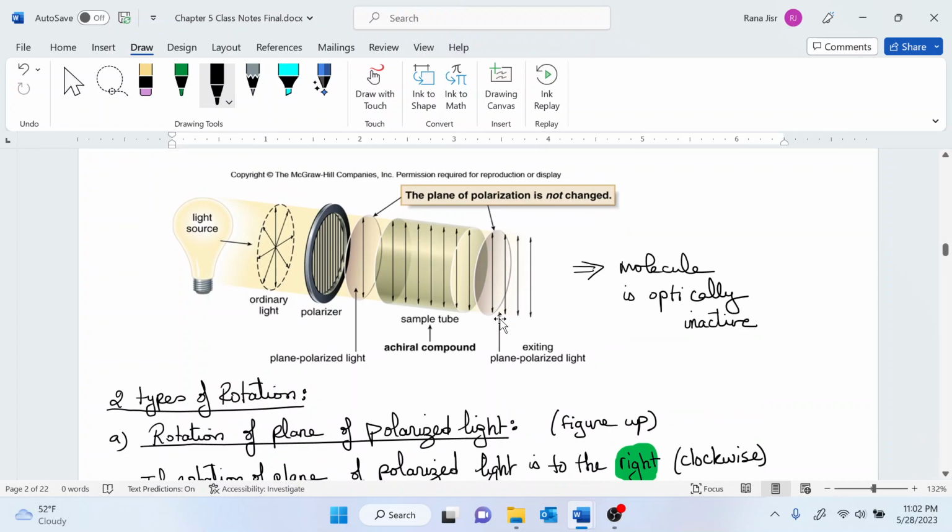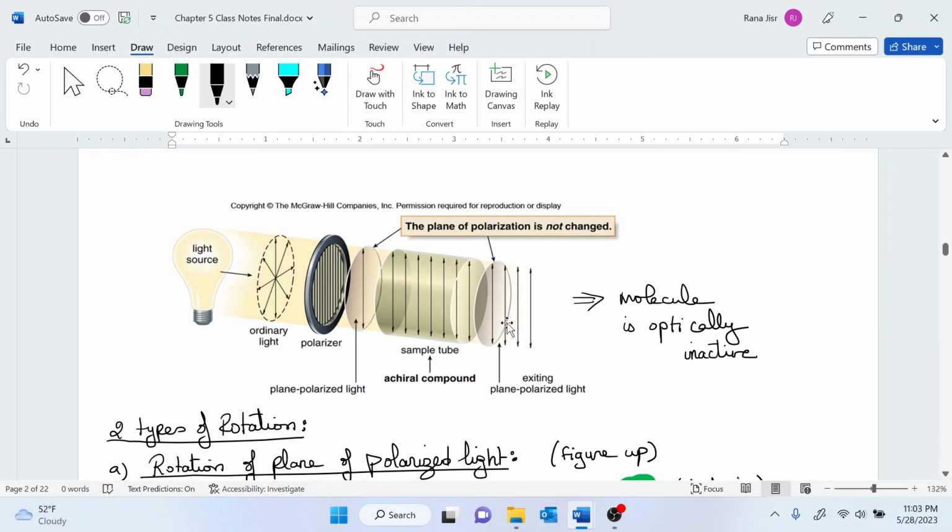So alpha observed is going to be 0 in this case. So this is how I know that my molecule is an achiral molecule, so it is optically inactive. By definition, optically inactive molecules are achiral molecules that are not capable of rotating the plane of polarized light by an angle alpha.